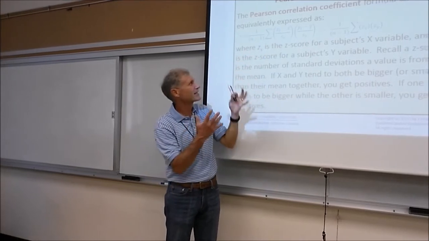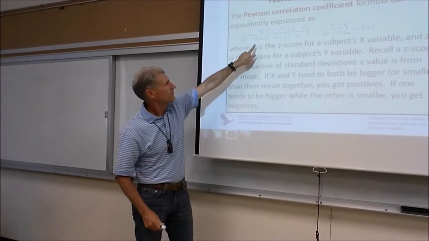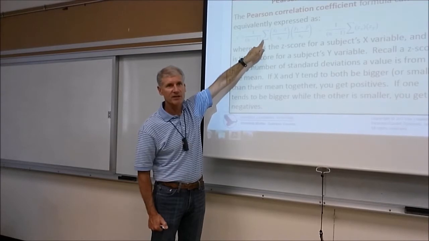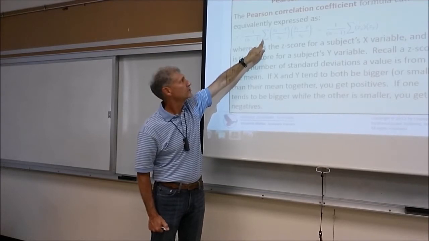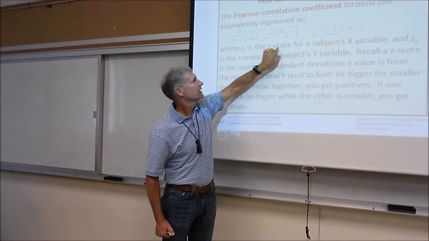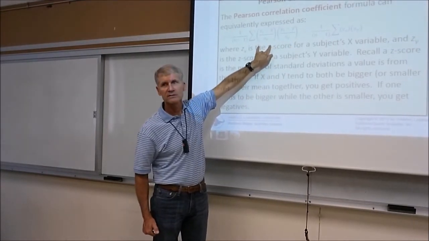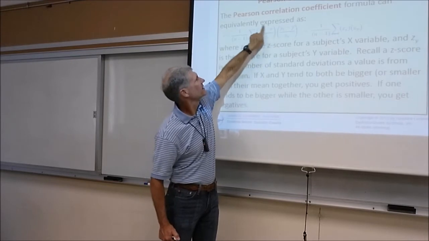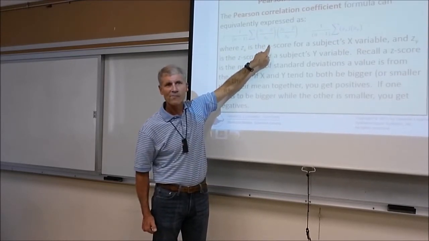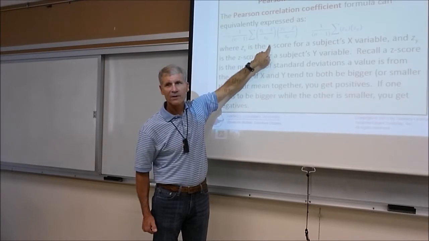So what am I looking at here? Well, what is this? Summation. This big Greek sigma is summation, right? So I'm summing up the product of two things. Now look at each of those things. Look only at this. What does that look like? Does that look familiar? It's a z-score.